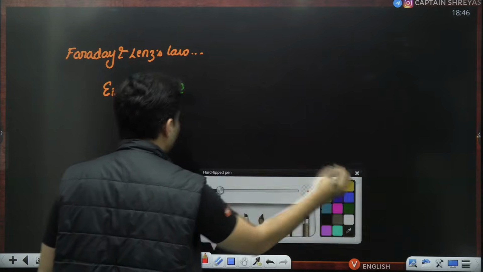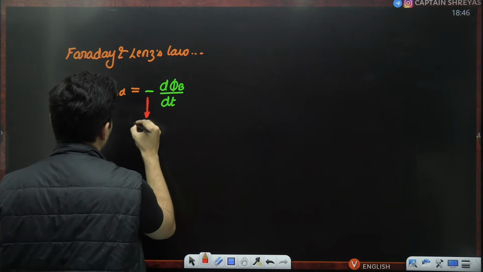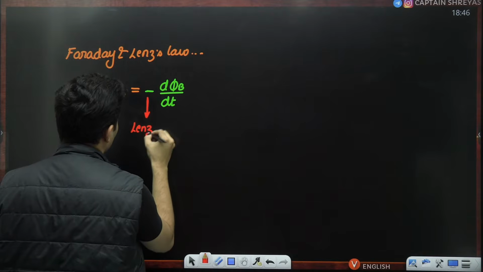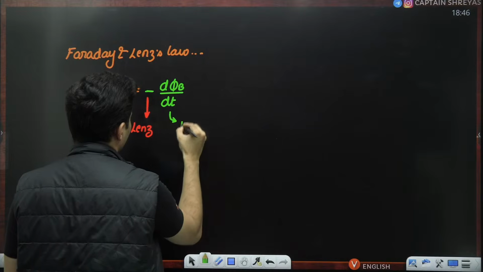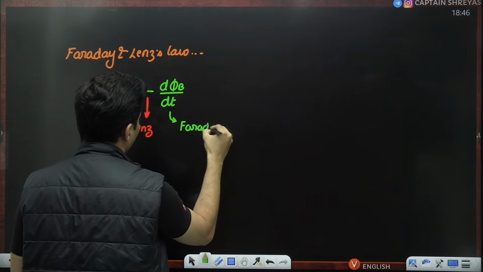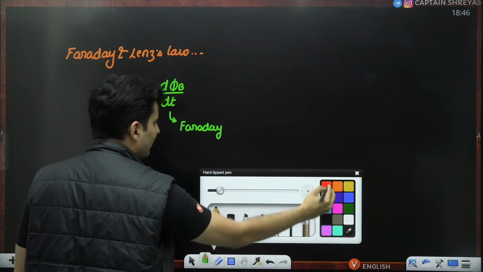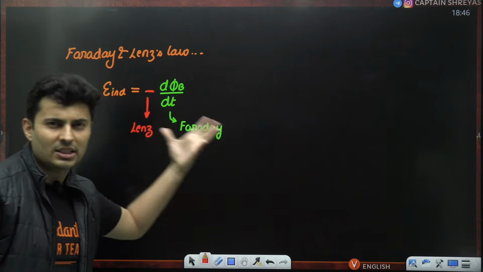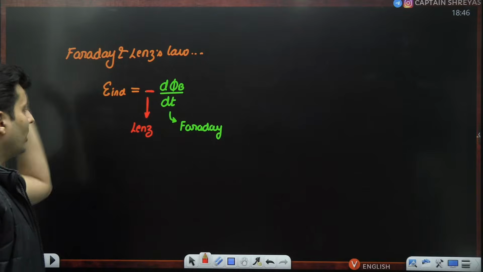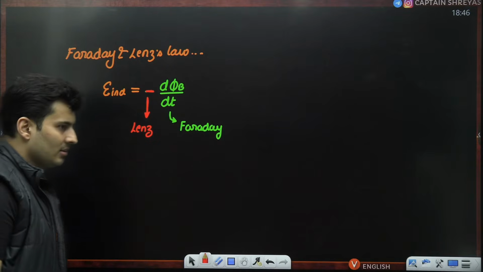This minus sign has come because of Lenz's law. And this thing over here has come due to Faraday. The magnitude is given by Faraday. The sign of it is due to Lenz. That minus sign signifies you are just trying to oppose whatever change is there. That is what this is.